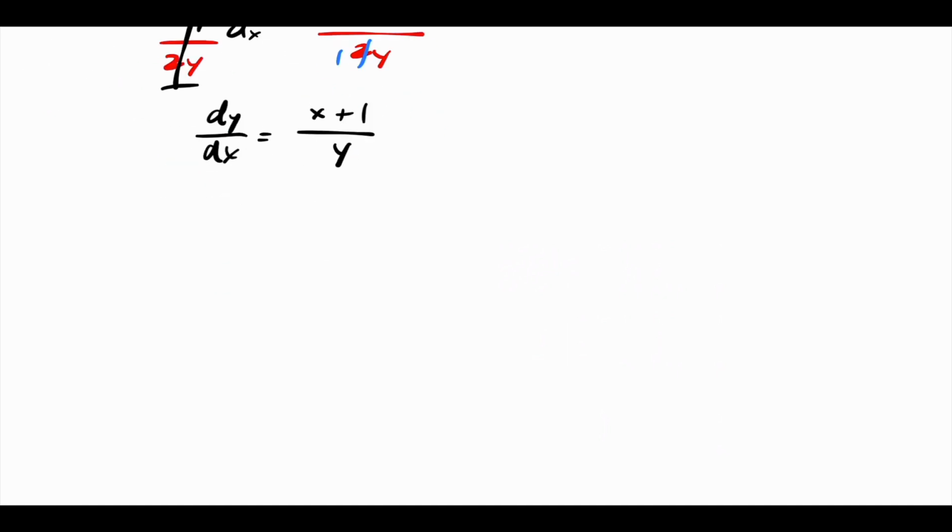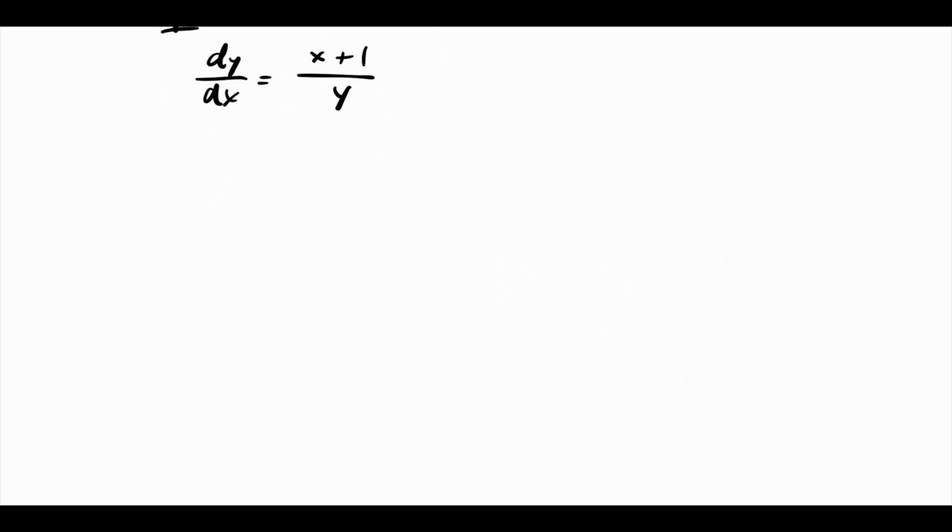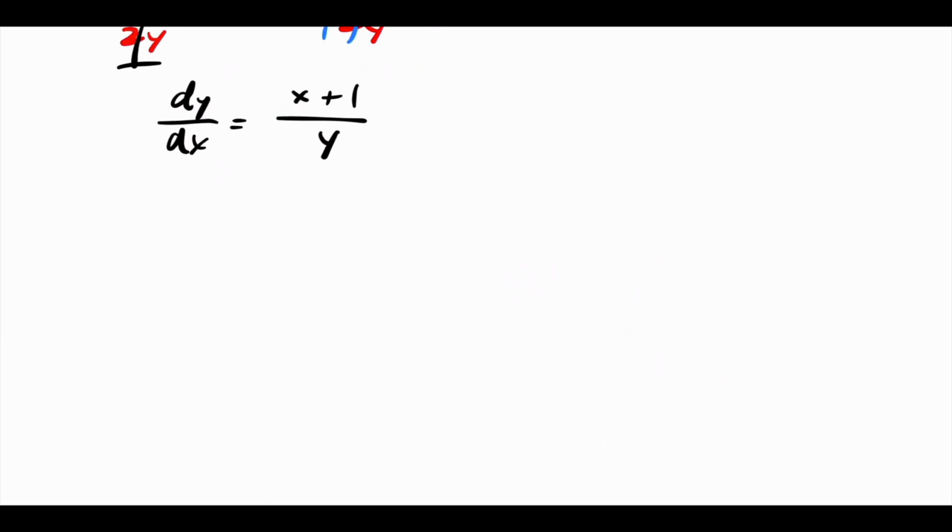Now I've got to find the derivative of that. What am I going to do to find the derivative of this? Quotient rule. Okay.